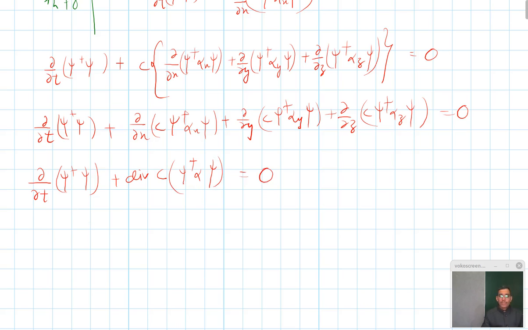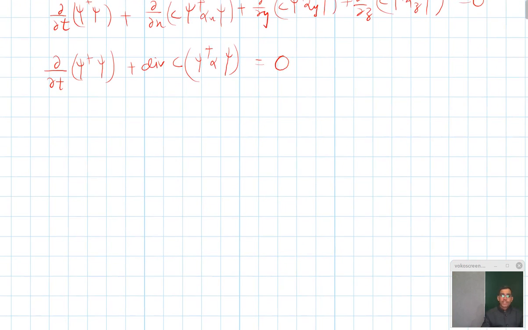right? Now let me try to understand this product term. What does it mean? So here psi dagger psi can be written like this, because it is psi 1 star, psi 2 star, psi 3 star, psi 4 star. It's a row matrix, and now it's a column matrix, right?